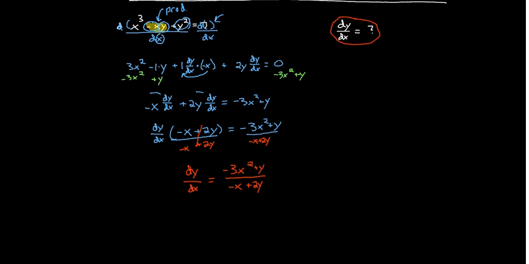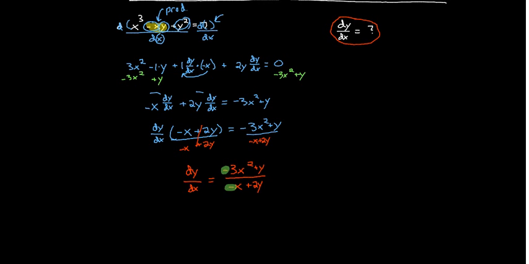One thing you want to be careful of, I've seen this a lot, you might be very tempted to cancel out the negatives and turn them into positive. You are not allowed to do that right here. Unless you factored that negative 1 out, then you could do it.